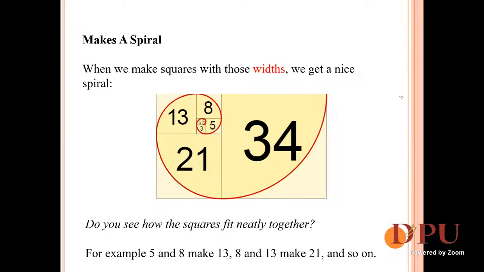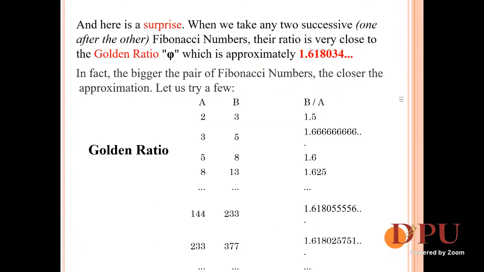Here, this underlying pattern we are talking about in the Fibonacci series starts from 0, 1, 1, 2, 3, 5, 8, 13, 21, 34, and gradually you will see it gives you a complete spiral shape. Now, if you follow this pattern, you will get another pattern, which is called the golden ratio. Say you take any two numbers, A and B, for example 2, 3, or 3, 5, or 5, 8, or 144 and 233.